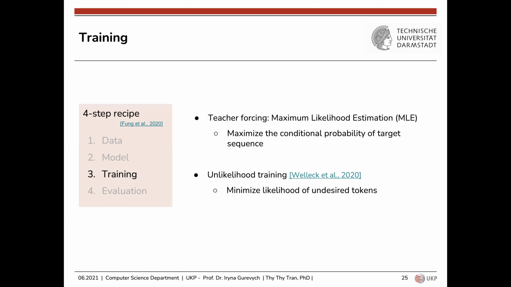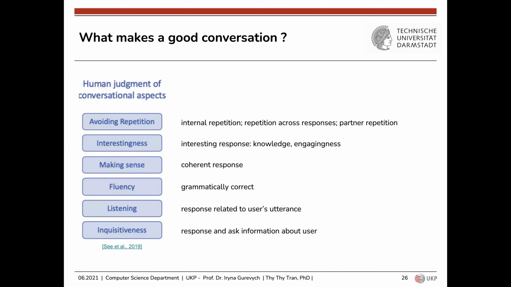So far we have talked about an encoder-decoder architecture for building conversational agents, and how we can train the encoder-decoder model. But we have not included any attribute that defines a good conversation. So what makes a good conversation? This is a list of several aspects defined by See and colleagues.